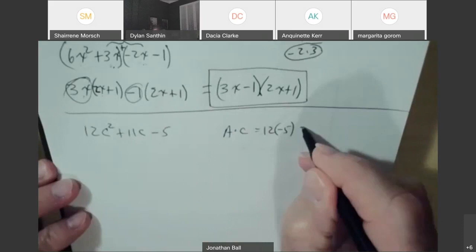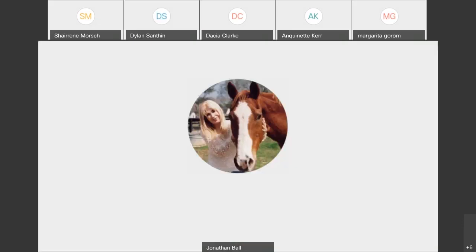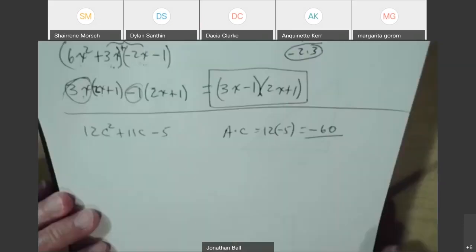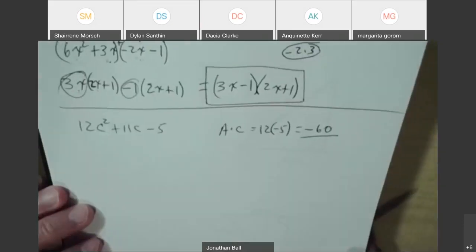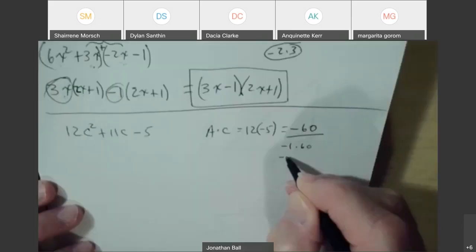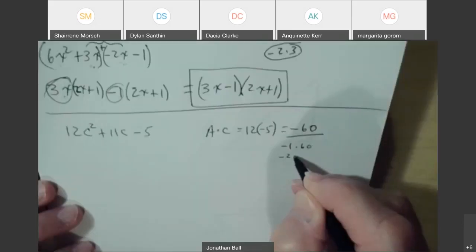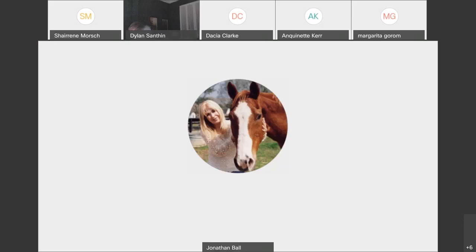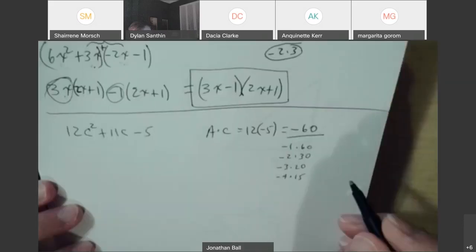Now we want the two factors that will combine together to give us positive 11. We know it's not one. Well, let's see. Negative 1 times 60, negative 2 times 30, negative 3 times 20, negative 4 times 15. There it is. Right? Right.